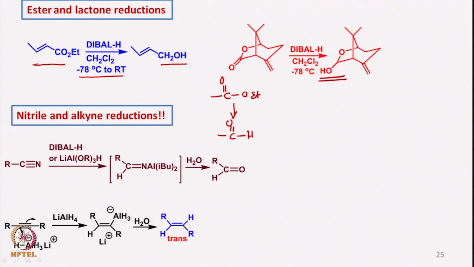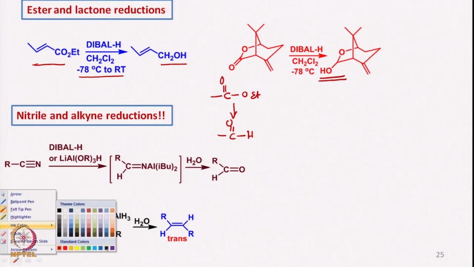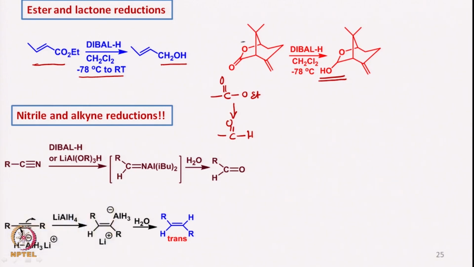As we can see here, if we take a lactone of this type, we can stop the reaction at the lactol stage if the DIBAL-H is added at -78 degrees and we do not allow the reaction to go to a high temperature with excess DIBAL-H. Then, if we quench after the reduction is done at low temperature, we can get the corresponding lactol.